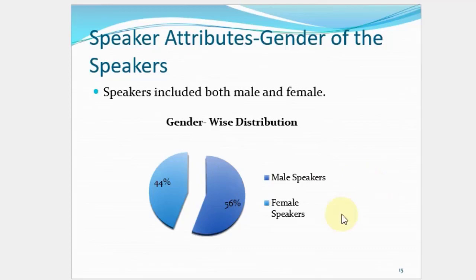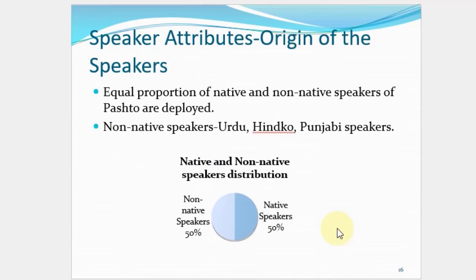Male speakers were somewhat greater than female speakers, but the difference is not that much, and I used it without any biasing. Native and non-native speakers are 50% each. I have also illustrated here the native languages of all the speakers.